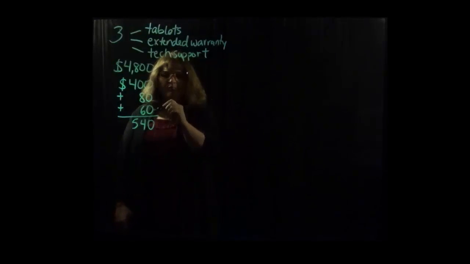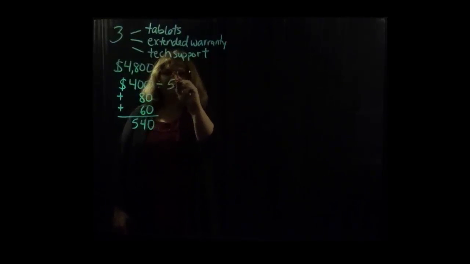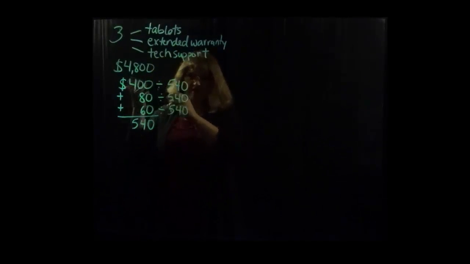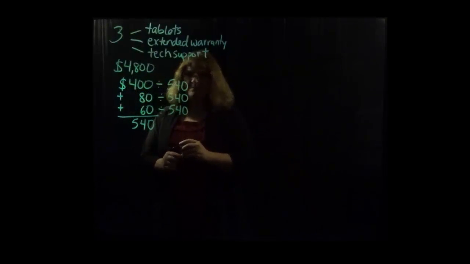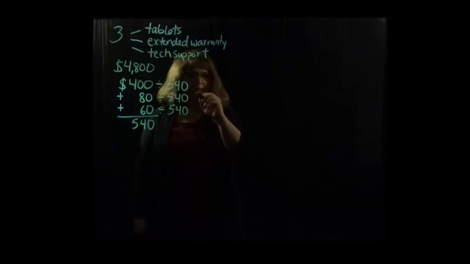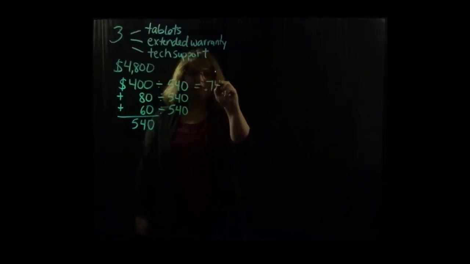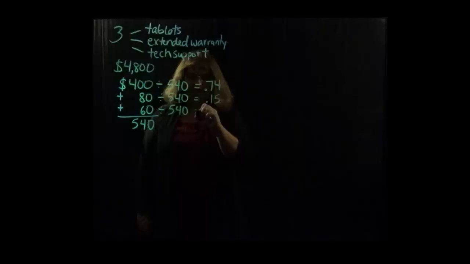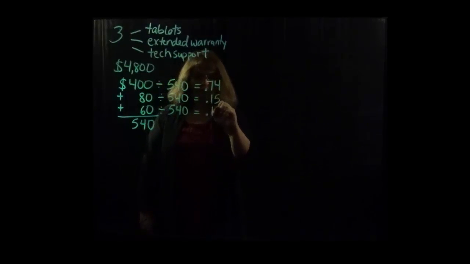We then take each separate component as a percentage of that $540. So if we divide the 400 by 540, and then divide the 80 by 540, and then divide the 60 by 540, that tells us what percentage of the total contract each of these components makes up. 400 divided by 540 is going to be 74%, or 0.74. 80 divided by 540 gives us 15%, or 0.15, and 60 divided by 540 gives us 11%, or 0.11.